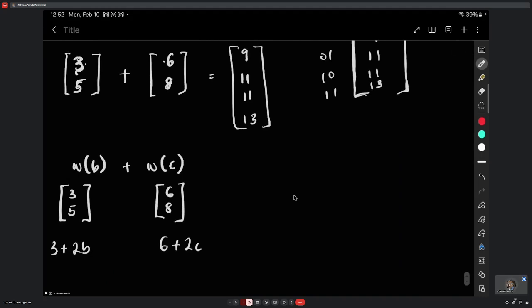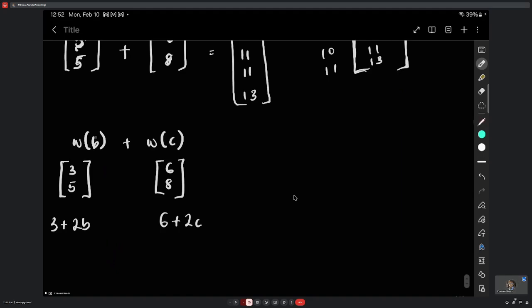Okay, so for us to add two polynomials together element-wise, they need to have the same number of variables, right? The same number of variables and the same variable. It's not enough for them to have the same number of variables.